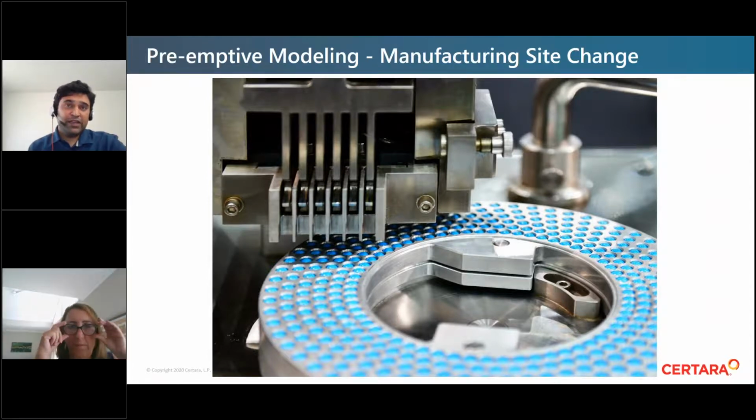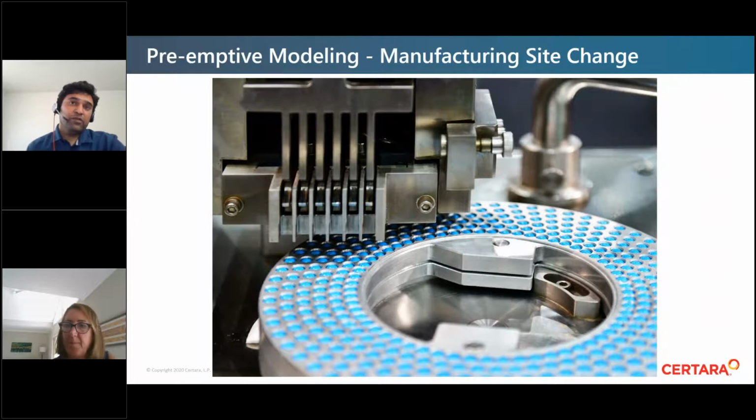So the earlier it can be adapted into the drug development and formulation development, the better it is. In this case, it was a preemptive use, and I think it made the whole process more efficient, more integrated, and there was also less back and forth overall. So that was quite good.